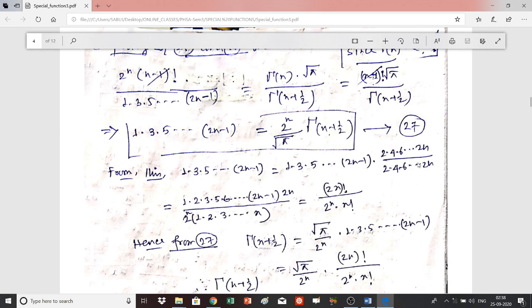Nothing is very difficult to understand here. If you combine these whole things, that will give you 1, then 2, then 3, then 5, then 6, in this way 2n minus 1, and the final term is 2n, which is the next term after the previous one, and here you see that every term consists of 2. So 2 to the power n here, then 1, 2, 3, in this way up to n.